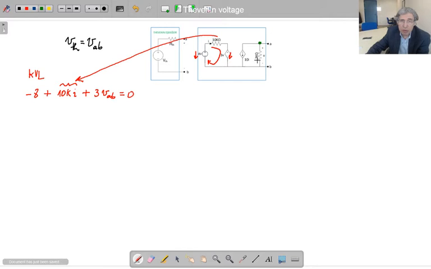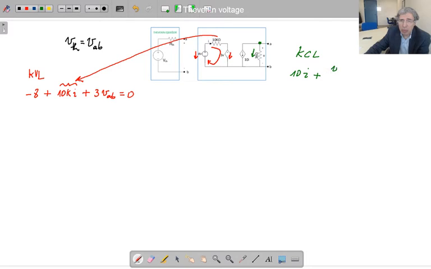For this resistor current, if this voltage V has been chosen as the voltage reference, then it's going to be the resistor current downwards according to passive sign convention. So if I write the Kirchhoff current law equation for this node, it's going to be 10I plus this resistor current. This resistor current is this voltage divided by 3K. This voltage is the voltage that I would like to calculate.